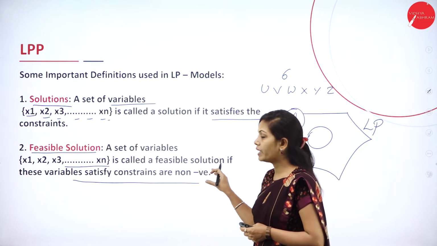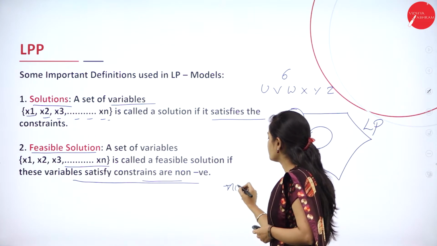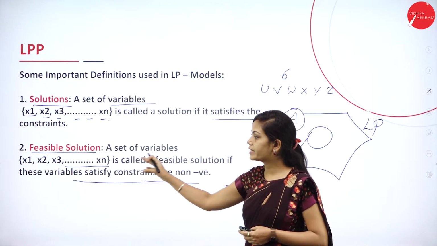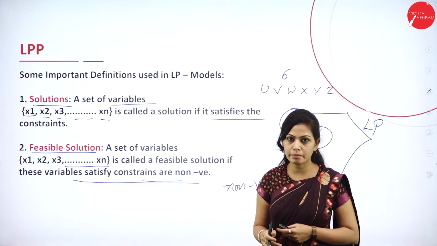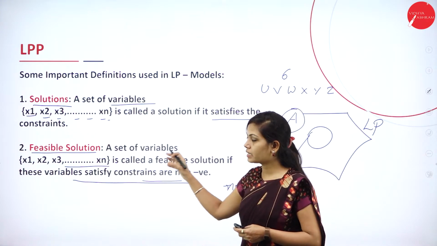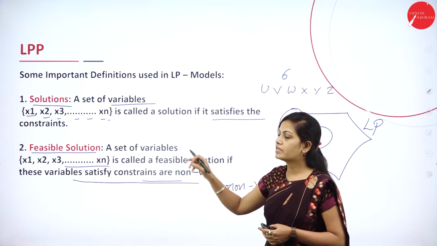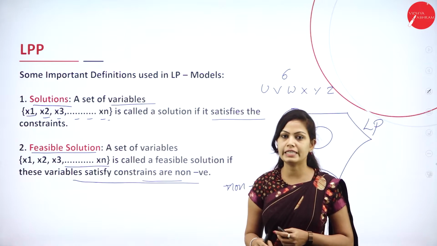If the set of variables satisfies the constraints and is non-negative, then we can call it a feasible solution. While I am explaining the graphical method using LPP, I can show you the feasible solution, infeasible solution and unbounded solution in detail.